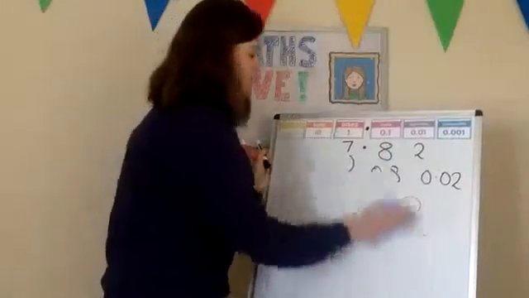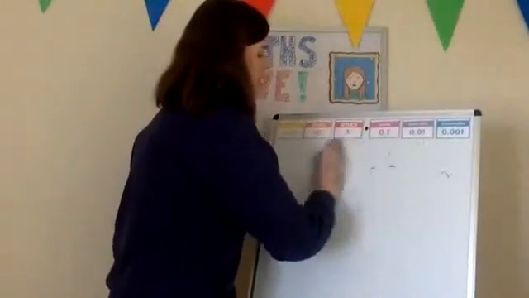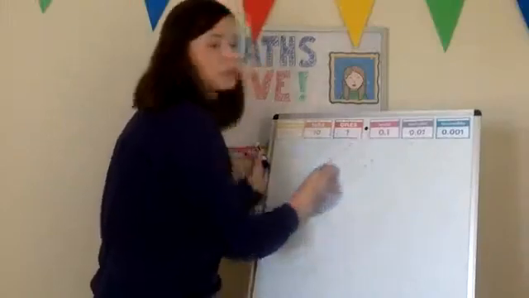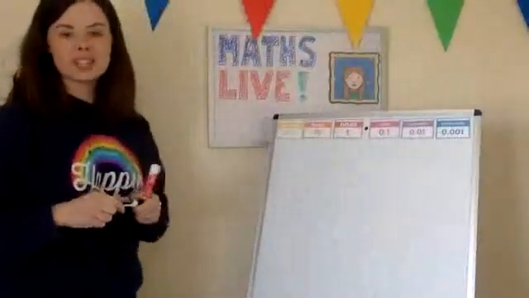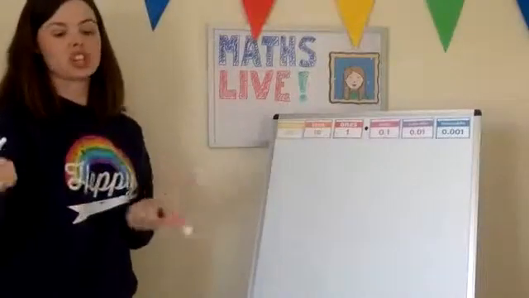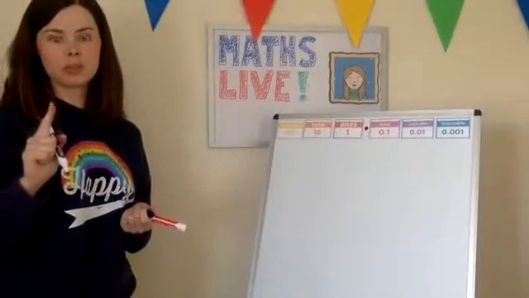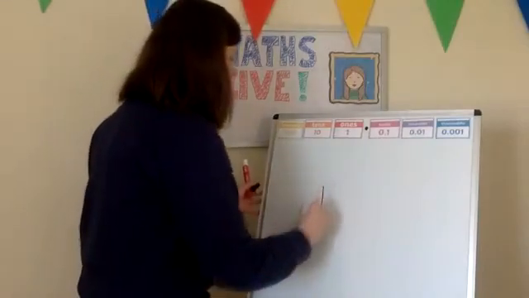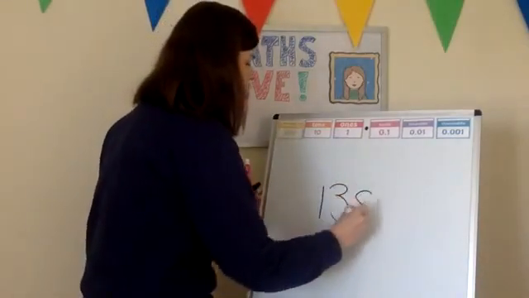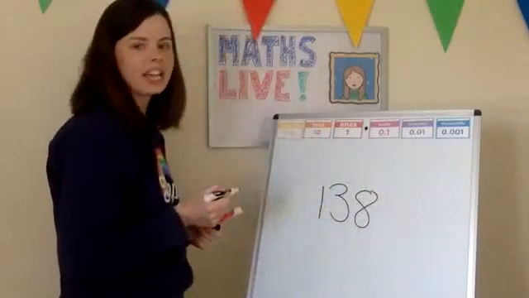Okay, ready for another one? It's good practice this, especially leading up to the next few days when we're doing some calculations involving decimals. Okay, what place value does 2 have in 138.042? You're going to be focusing on the number 2 in this question.